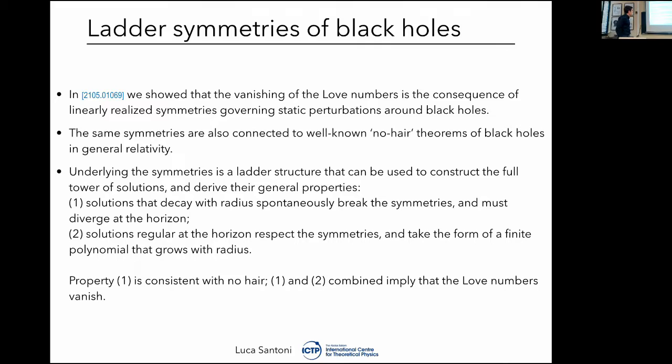So let me summarize what these symmetries are. Underlying these symmetries is, if you want, a ladder structure that can be used to construct a full tower of solutions and derive two main properties. The first one is that solutions that decay with the radius far away spontaneously break the symmetry and must be divergent at the horizon.